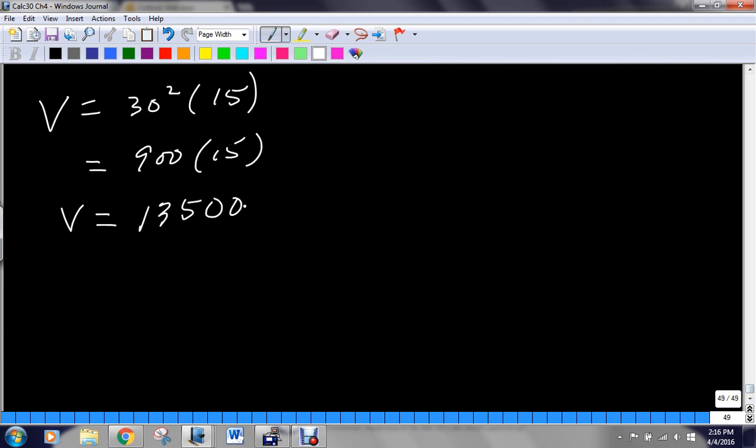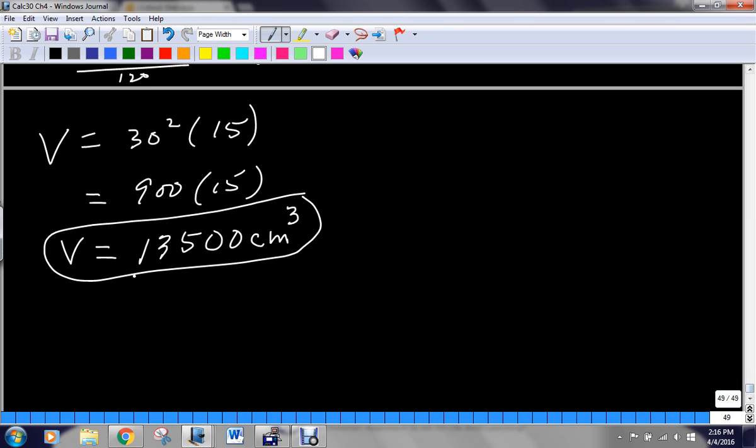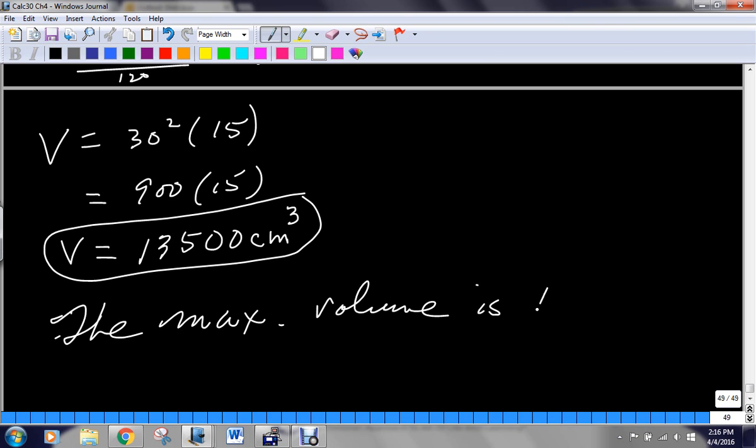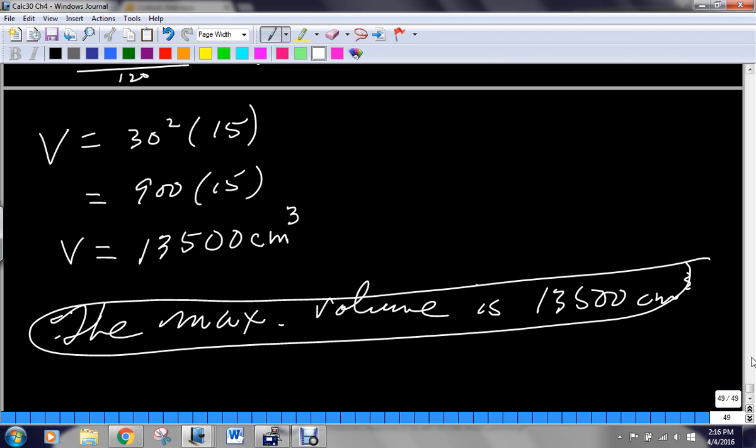So we are dealing with centimeters. And this is a volume, so it's centimeters cubed. Okay? So, again, the maximum volume is 13,500 centimeters cubed. So that would be a better answer than just writing your number. So if it's a word problem, write a word answer. That's a good rule.